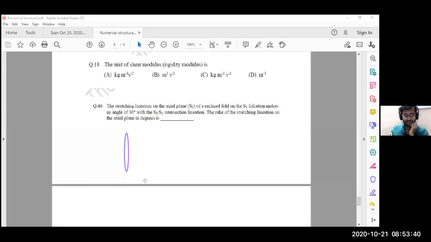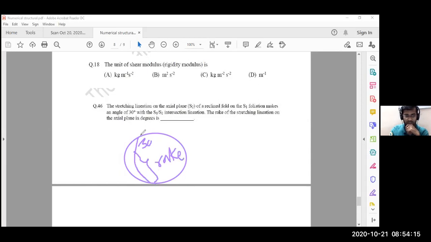Okay, so this is your circle. Making a 30-degree angle, I'm drawing the lineation somewhere here. It's 30 degree. So what is the rake or pitch? This is your rake or pitch.